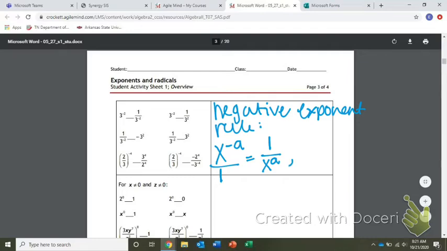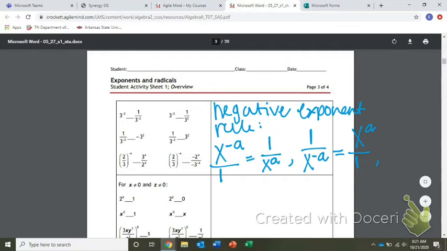Now, if it's the other way, 1 over x to the negative 8. Well, there's a negative exponent on the bottom, but I don't like that. So guess what I do? I put it on the top with the positive. Okay?